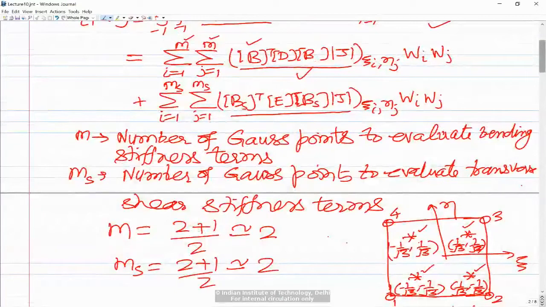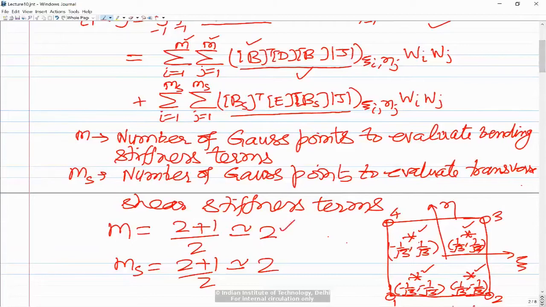That is accounted for in this, because we are using 2 integration points along xi and eta, whereas we actually require 1.5 as per this rule. So we are already approximating to 2. So that also works. But if the element is too much deviated from a rectangle, then yes, you will have to use a higher number of Gauss points, maybe 3 or 4 Gauss points.